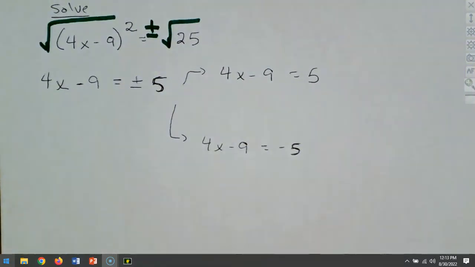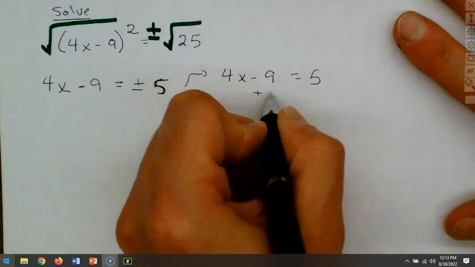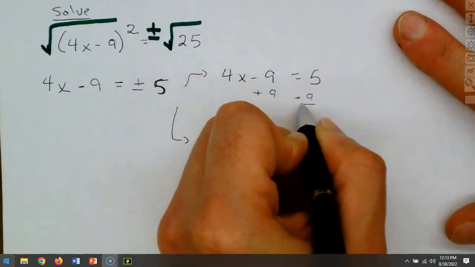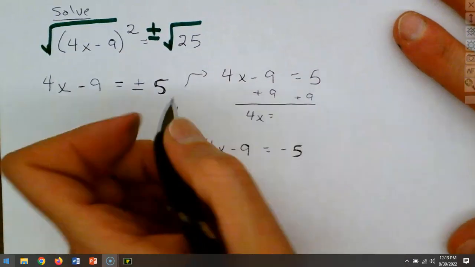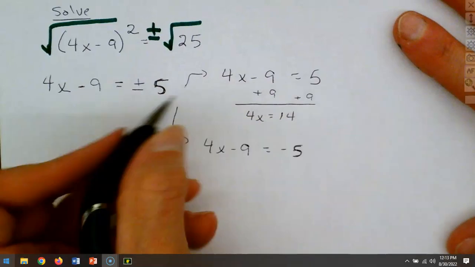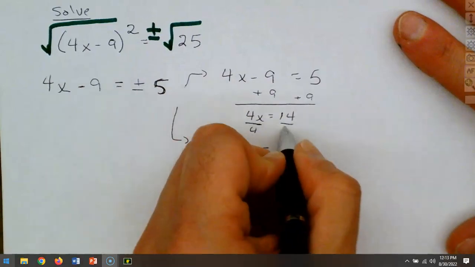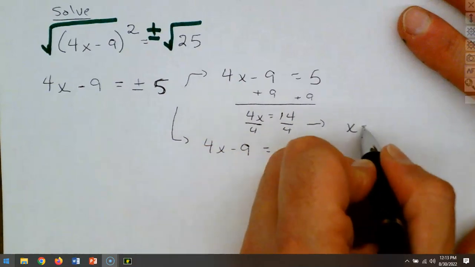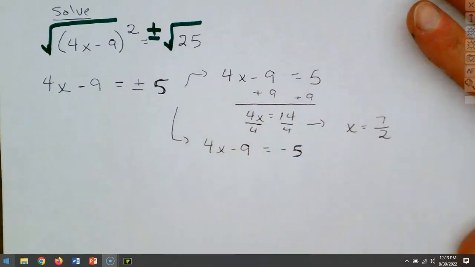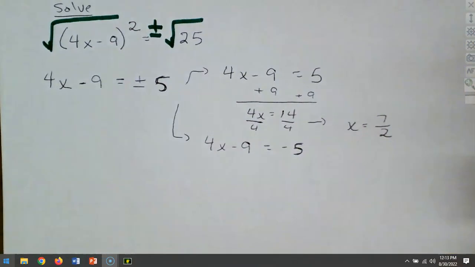Now we solve it. So just use your algebra like you've done before. So add the 9 over. That gives you 4x equals now, looks like 14. Divide by your 4 and reduce. So that comes out to be 7 over 2 when I reduce it down. There's one solution.